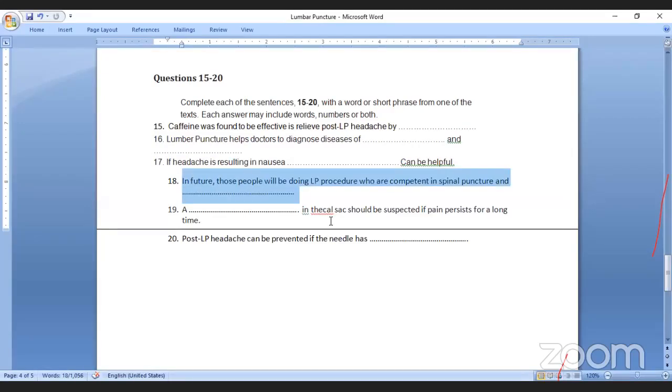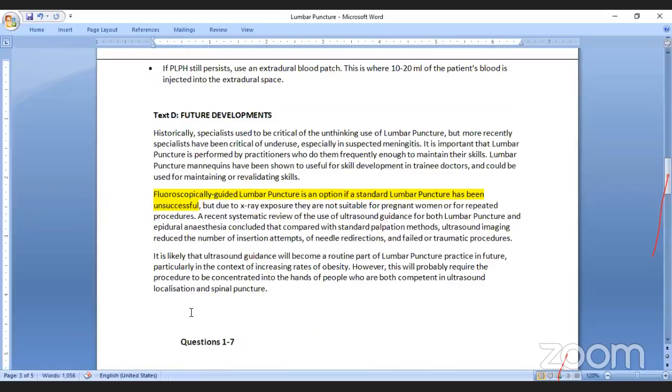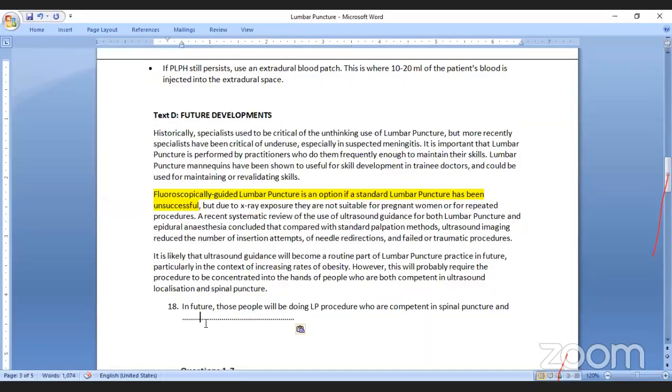It's very easy, and it is in text D. Try to write the answer quickly, please. Try to find the answer quickly in text D. Write in the chat. Quickly, please.